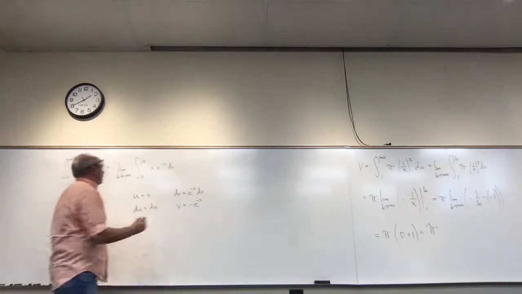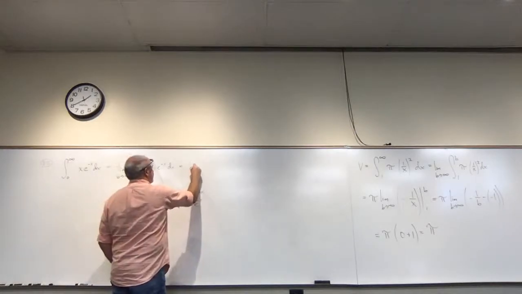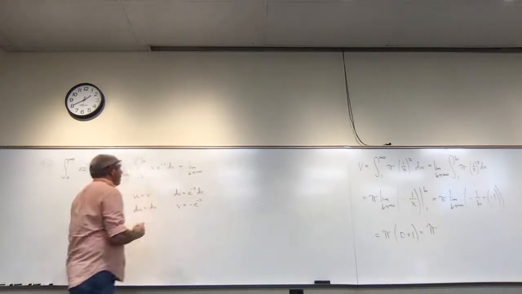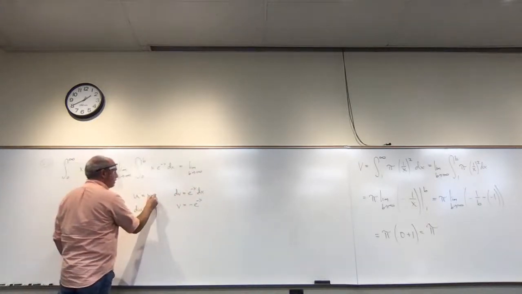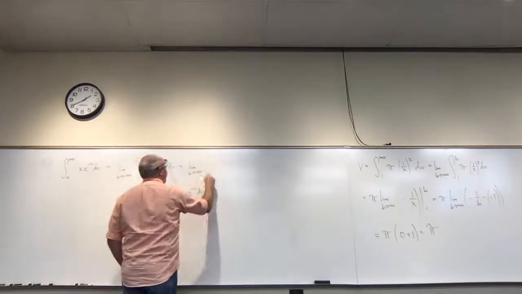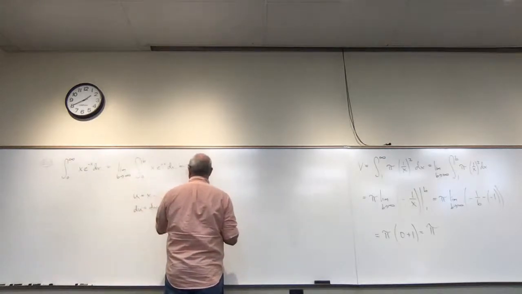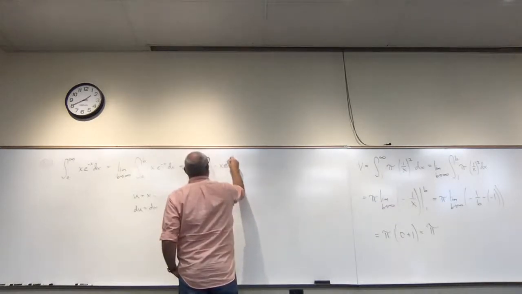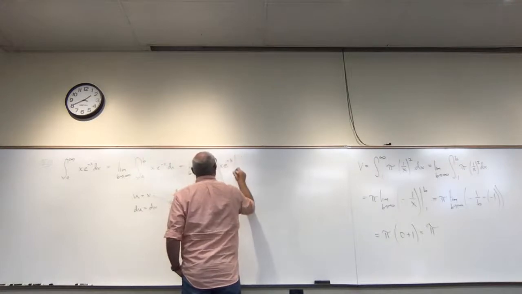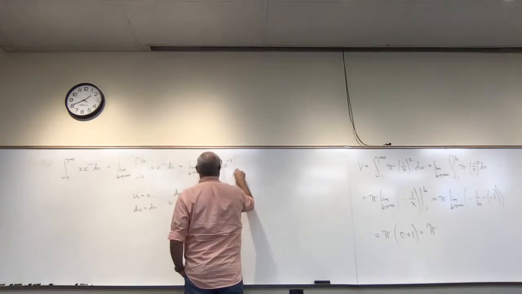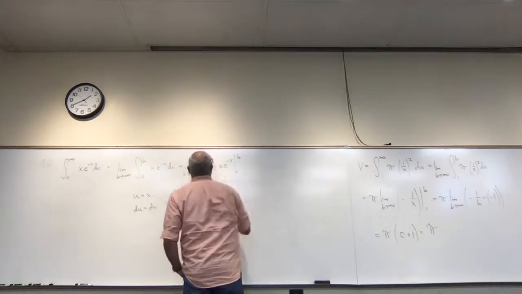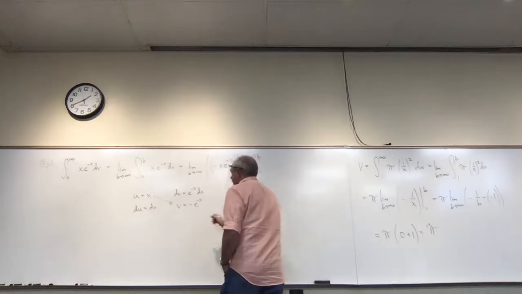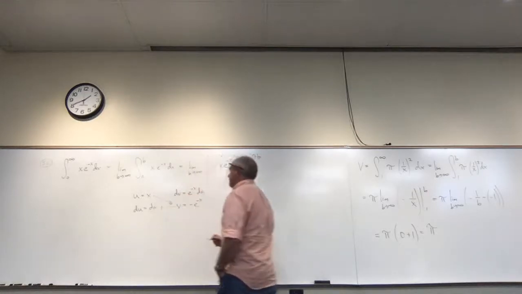So now we're ready to rewrite, and we get the limit as b goes to infinity of u times v. So I get x times negative e to the negative x, so minus x e to the minus x, evaluated from 0 to b, minus the integral from 0 to b of v times du.